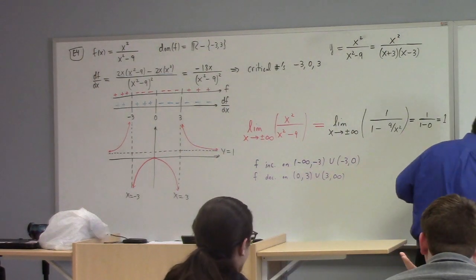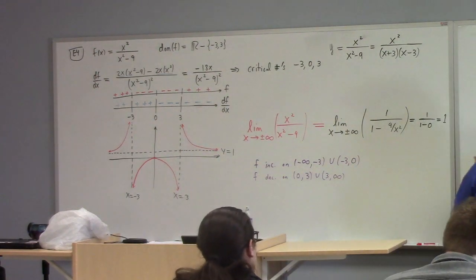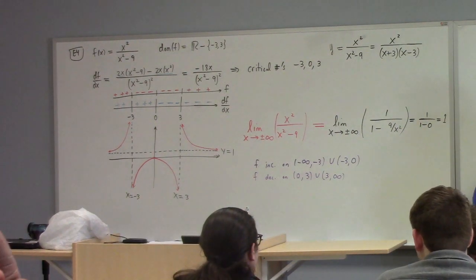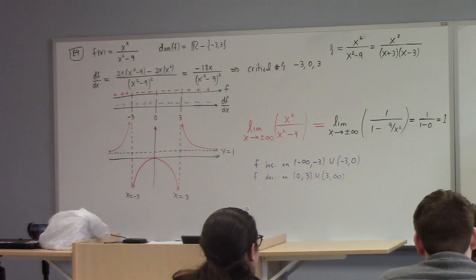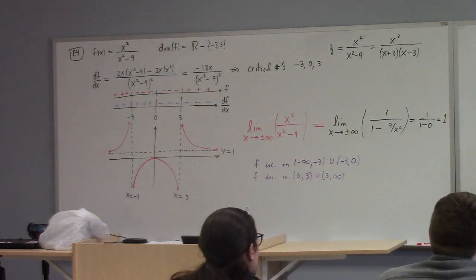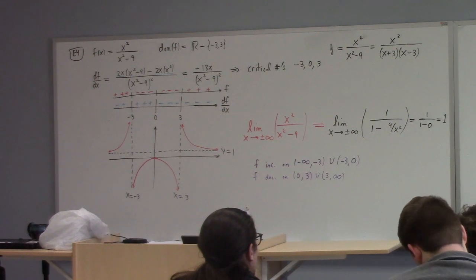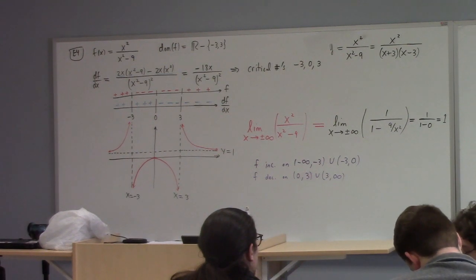We're going to do more examples, but there is one other big geometric idea we have to talk about, which is concavity. And it turns out that concavity is going to have to do with the second derivative. And once we learn that, we can improve these graphs even a little bit better. But we'll probably do that tomorrow.